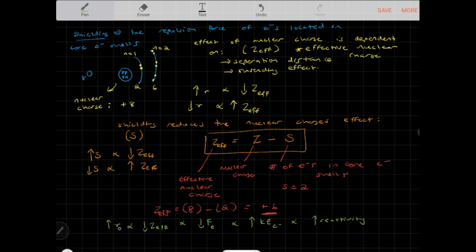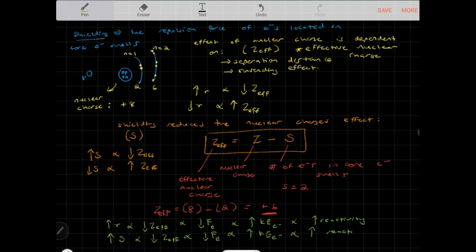We can also consider shielding. If we have more core electron shells, we have more shielding, and more shielding means we've decreased the effective nuclear charge. If we decrease the effective nuclear charge, the force of attraction decreases, and as a result the kinetic energy increases because there is less force of attraction, and then there's more reactivity.